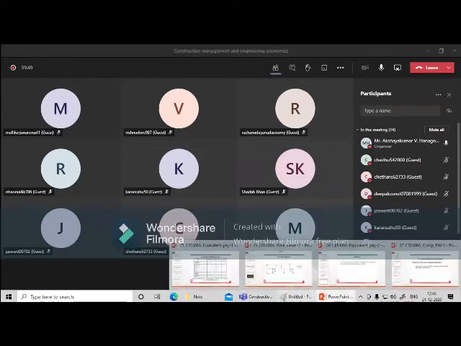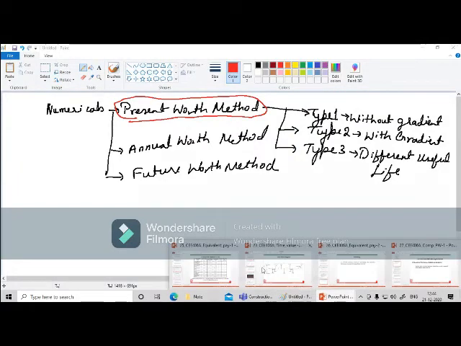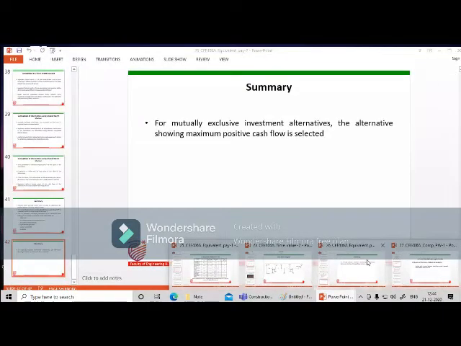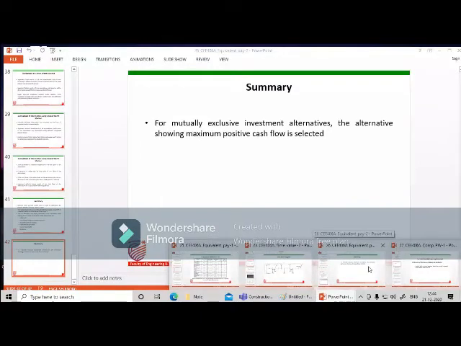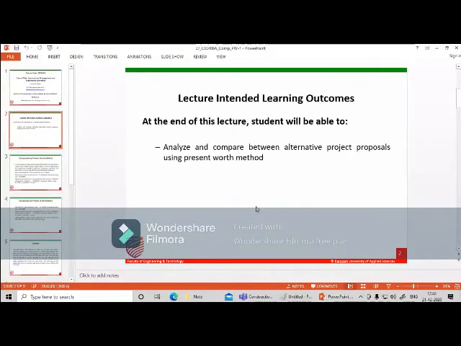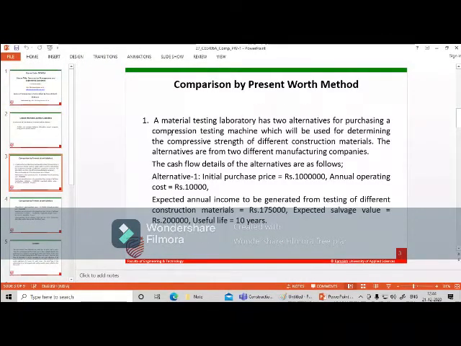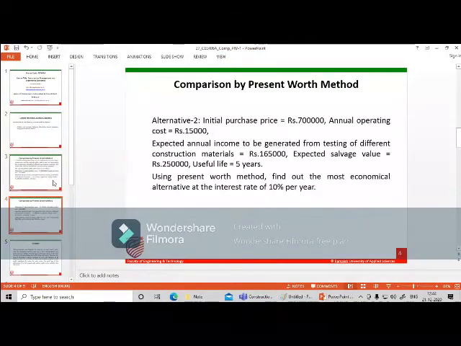In today's class we will be solving problems on present worth method, type 1 without gradient. Very simple problems. This is the problem statement.